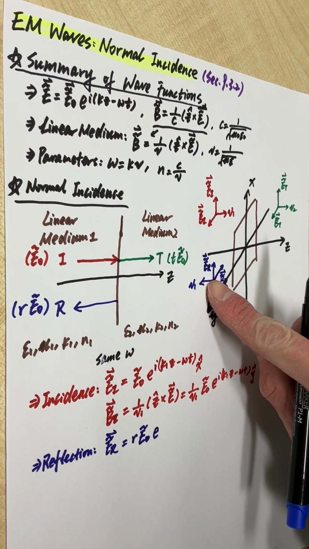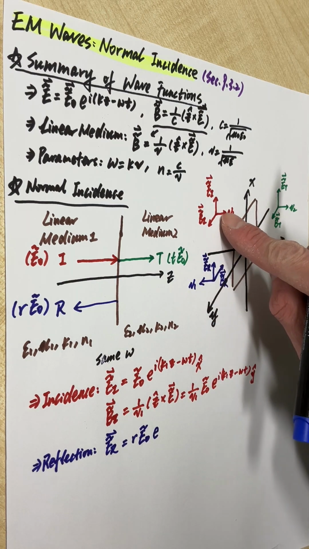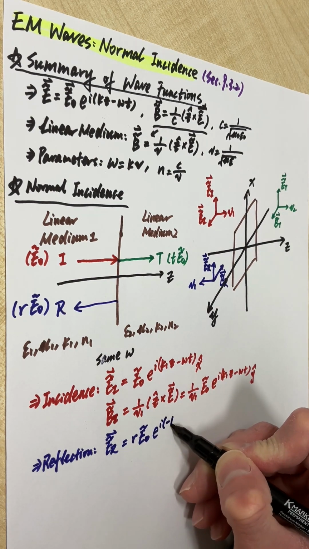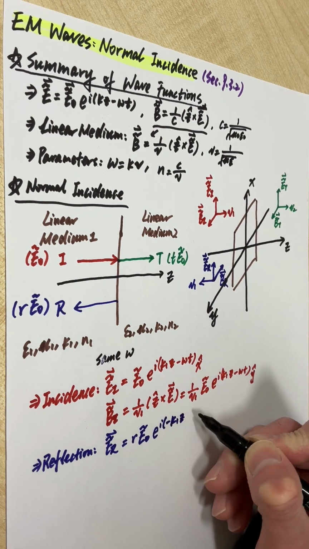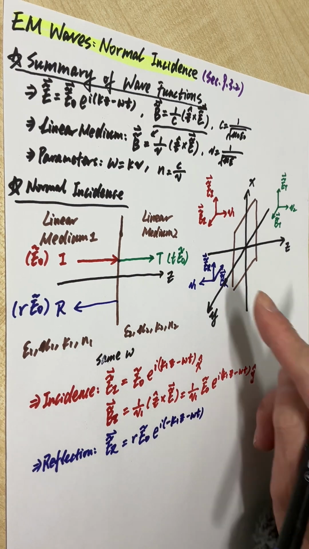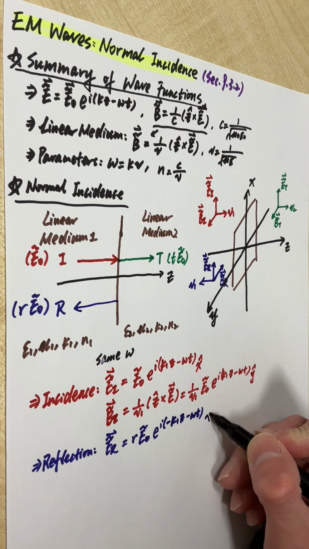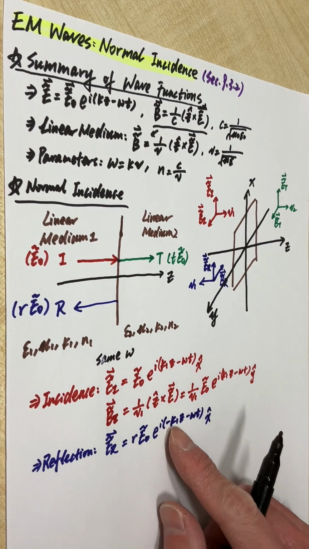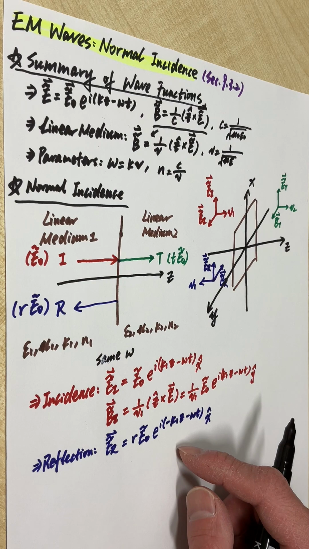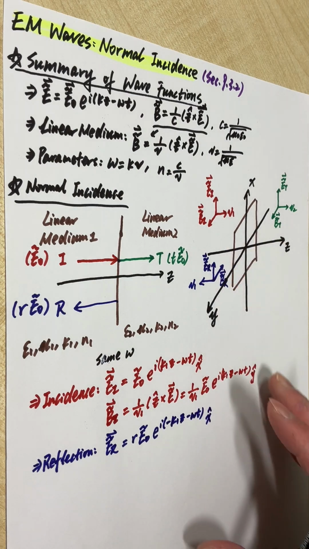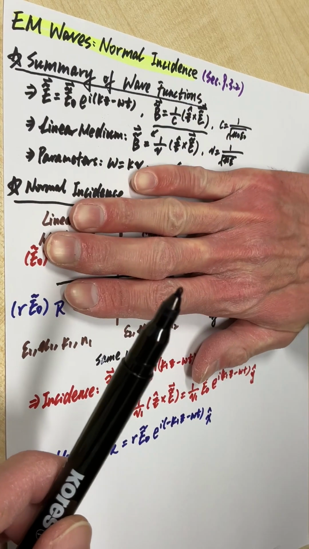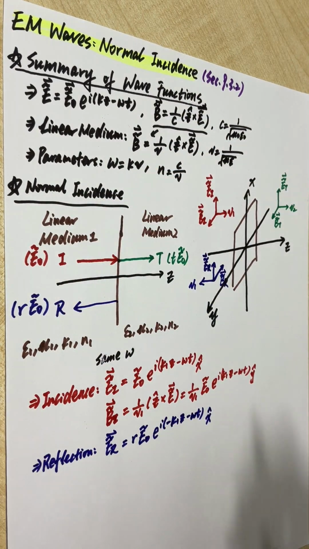The propagation direction is opposite to the incident wave, so I have i times minus kappa 1 Z minus omega T. Polarization is still the X direction. The devil is in the detail, so check with the figure. It's impossible to write everything without looking at the figure.